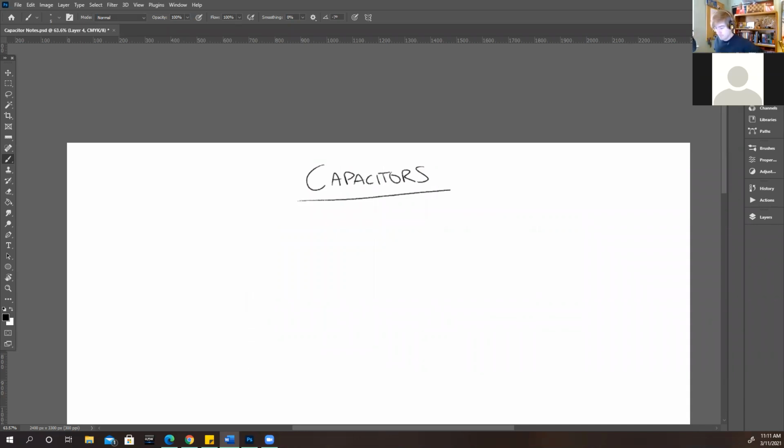So, capacitors. What's a capacitor? Well, the symbol is just this. It's two plates together with some lines coming out of it, and that actually does describe it pretty well.